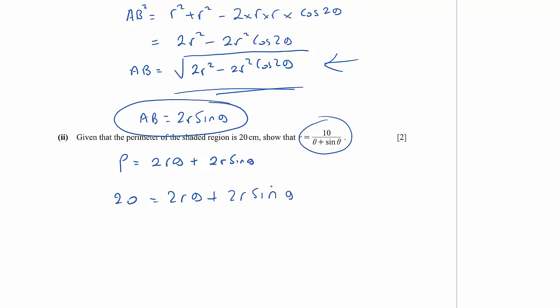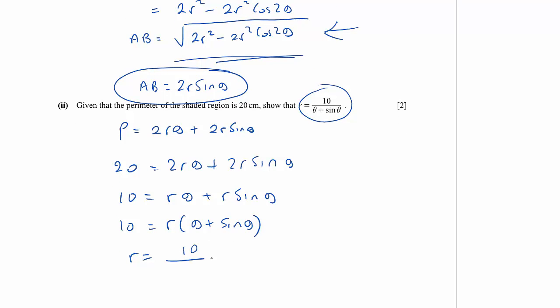Divide right the way through by 2, and I've got 10 is equal to r theta plus r sine theta. Factorize on the right, and then divide by theta plus sine theta, and we get r is equal to 10 over theta plus sine theta. So we got there.